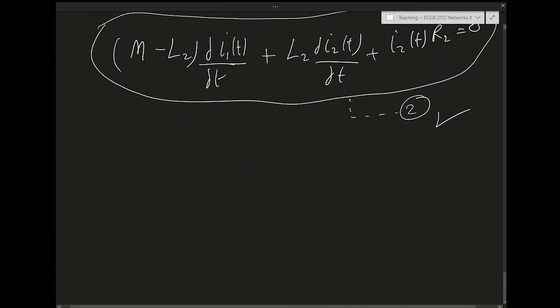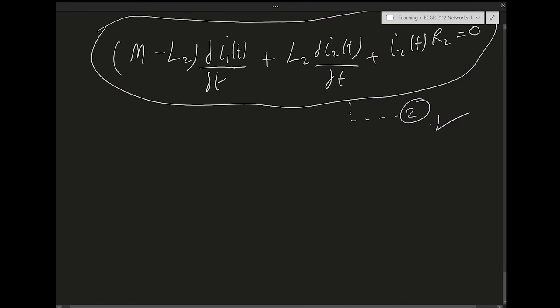Before we do the next example, so up to this point we are talking about signals in the time domain, v(t), i(t) in general, right? And so the question is, can we also do AC analysis with the mutual coupling? I mean, yes, we can.